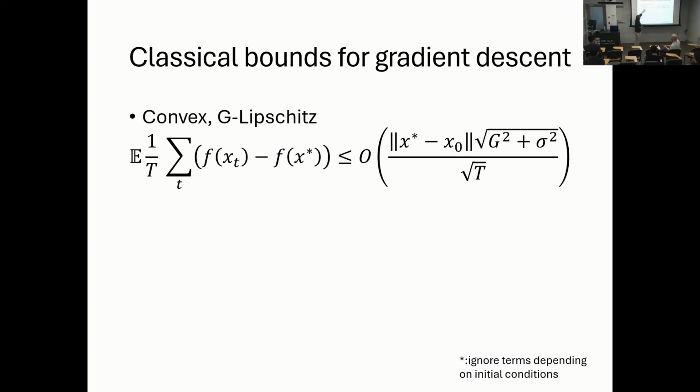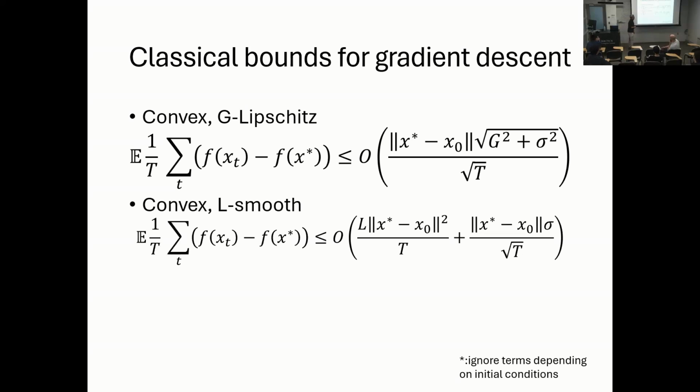If we look at the gap between the solution that we can produce versus the optimal solution, the rate at which it goes down will be roughly 1 over square root of t. Here t is the number of iterations, G is the bound on the gradient length, and sigma is the standard deviation of the gradient estimate.